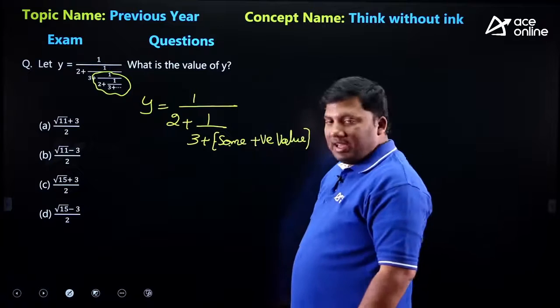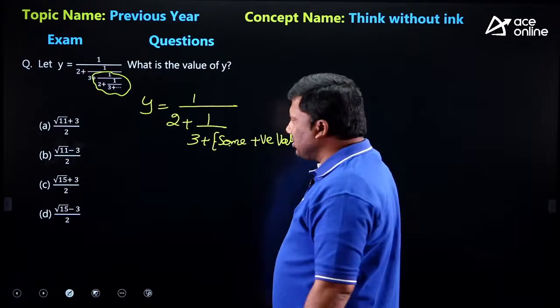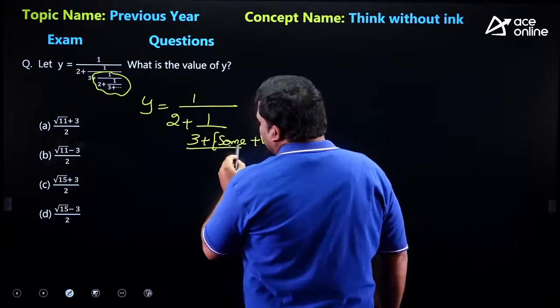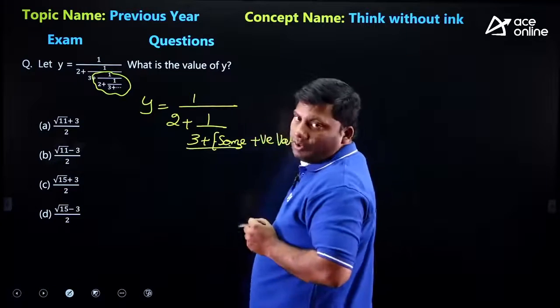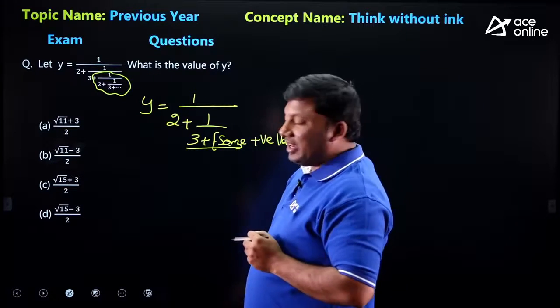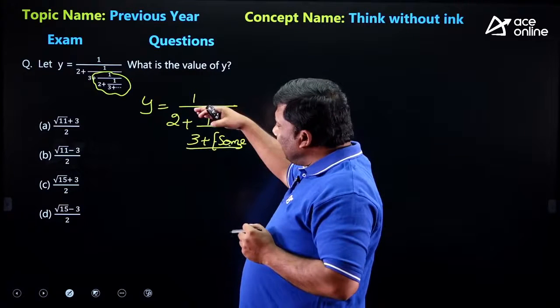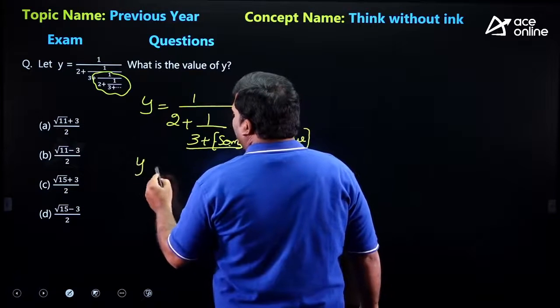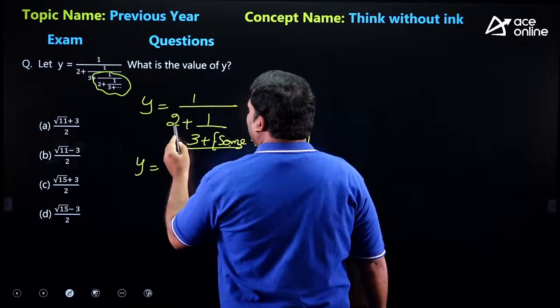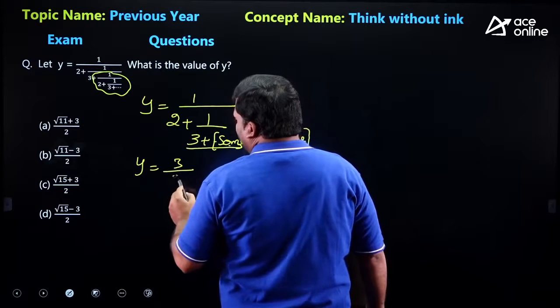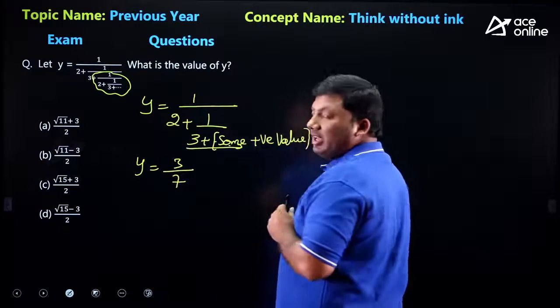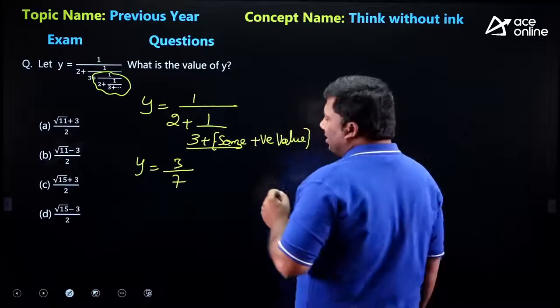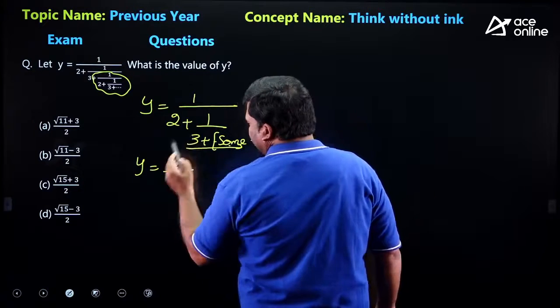Now if you see here, listen carefully. 3 plus positive value is greater than 3. Denominator by denominator, it will become numerator. That means y will be 3 twos are 6 plus 1, 7. It is 3 by 7. Answer is around 3 by 7.